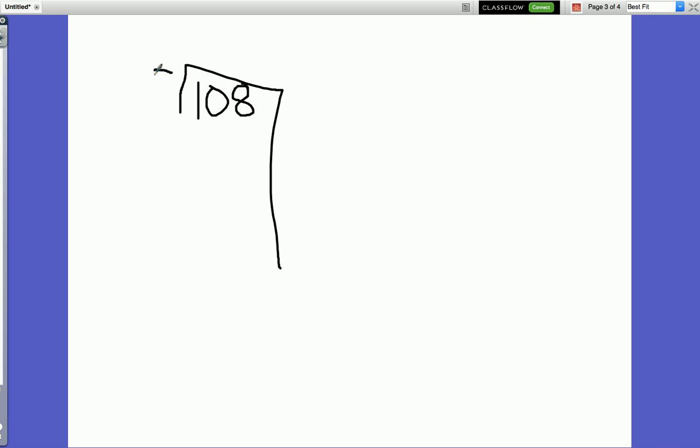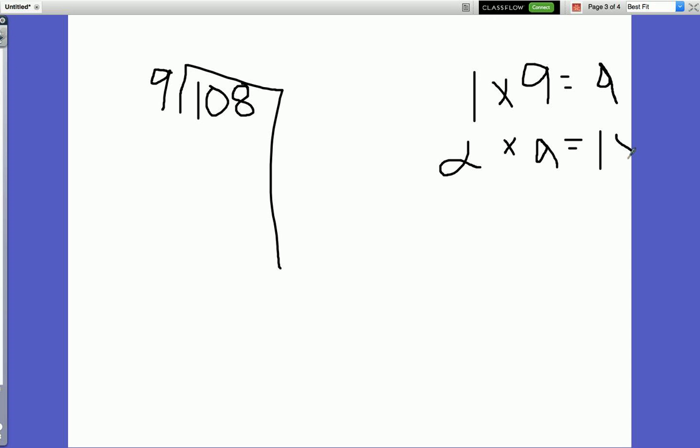And this is where I get to use my easy multiples. Okay, so 1 nine is 9. 2 nines is 18. 5 nines is 45. 10 nines is 90.